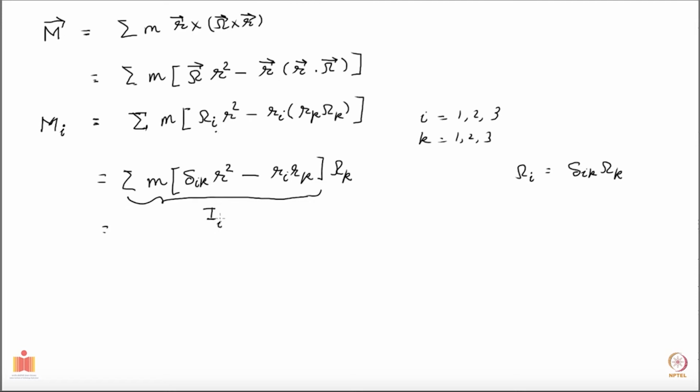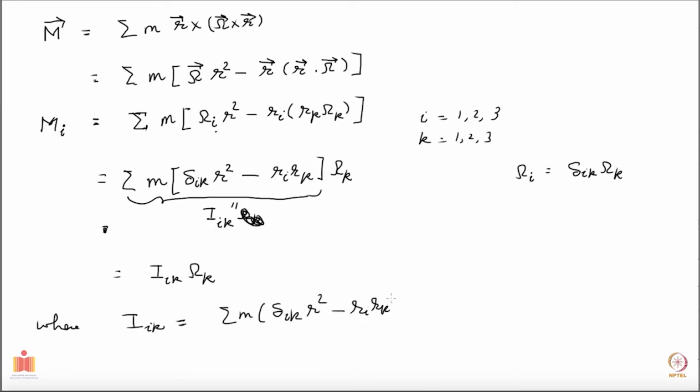So let me write down two indices here, ik, both the terms have two indices, times omega k. So I write this as Mi is Iik omega k, where this capital I is defined to be m times delta ik r square minus ri rk.